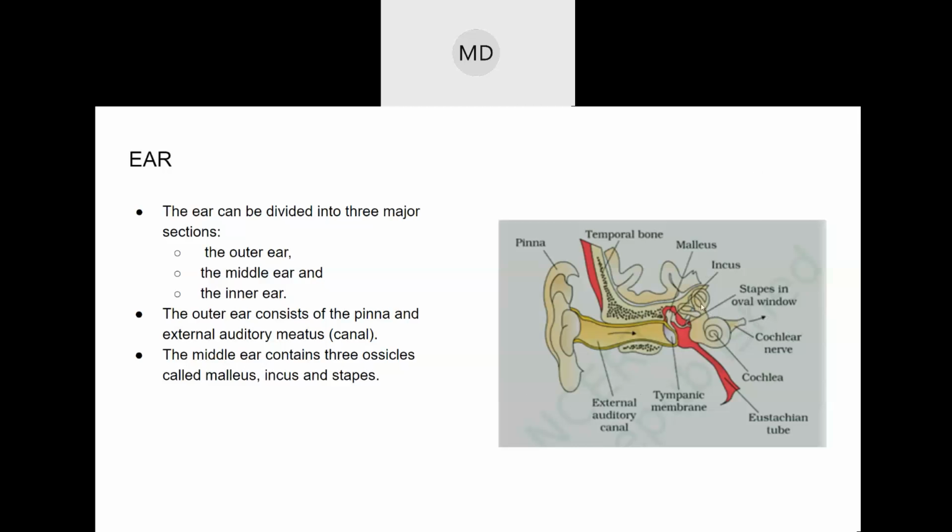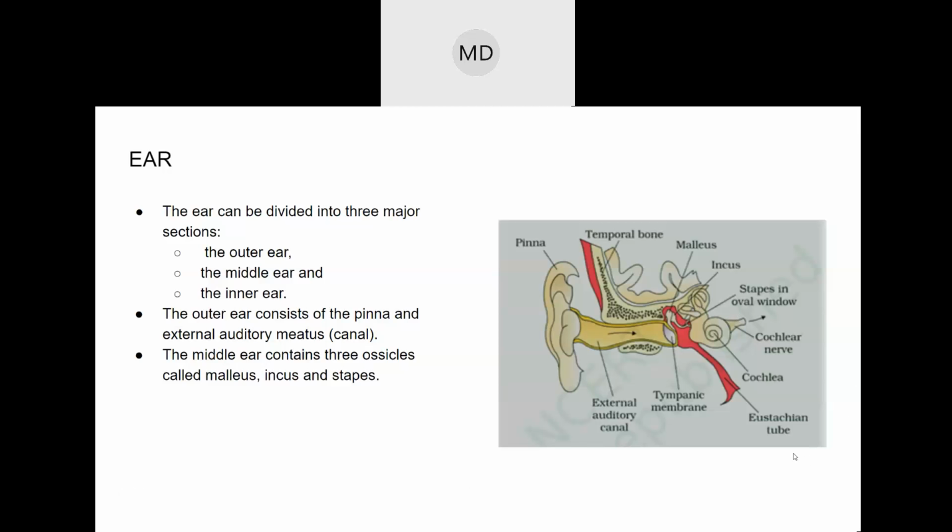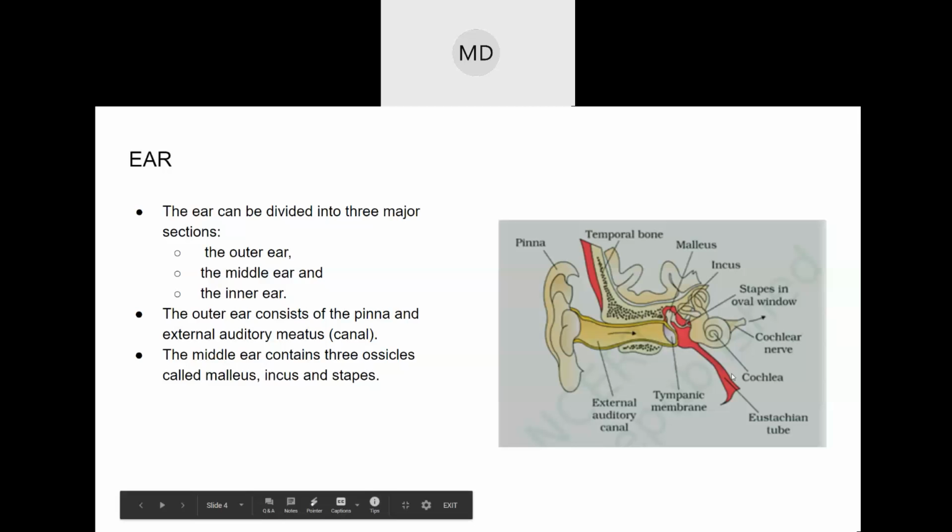This diagram I will give in the notes. So I will suggest you look at the diagrams and then draw them in your copies, so that you also have practice of how to draw it.